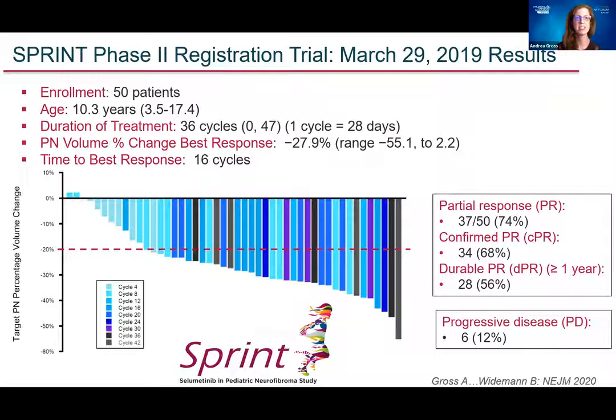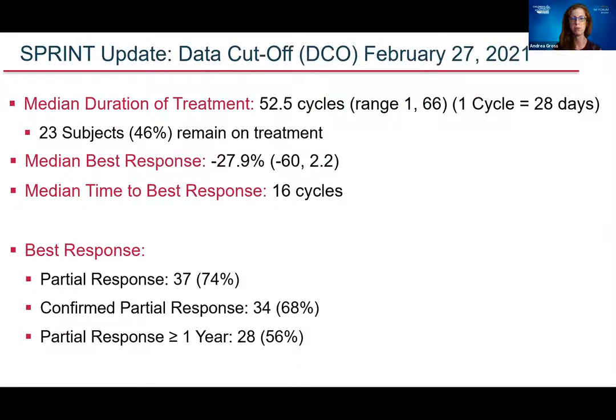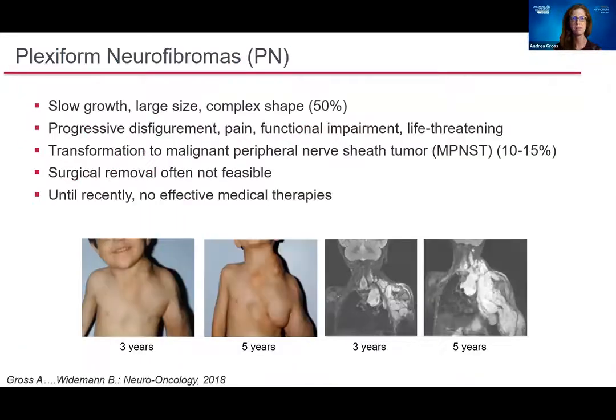I apologize because I think I accidentally double-clicked through my first slide, which was meant to be more background on what a plexiform neurofibroma is. Again, I think this group is very familiar with this. These are not cancers, but they are benign, and I use that in quotes, tumors that can be quite large, grow along any nerve in the body, and can cause lots of problems.